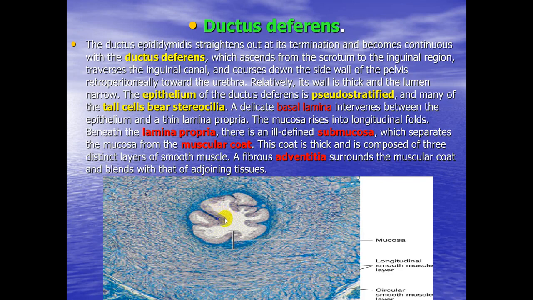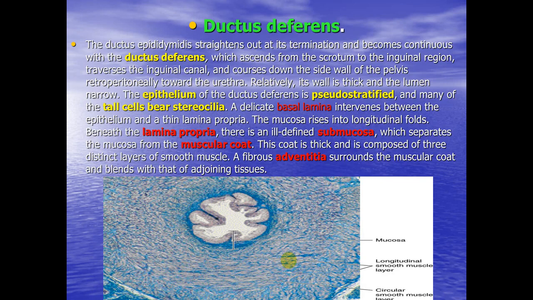Pay attention to the epithelium. This pseudostratified epithelium has tall columnar cells with very long stereocilia on the apical surface. Beating of these stereocilia is the third mechanism for pushing the immotile sperm cells.